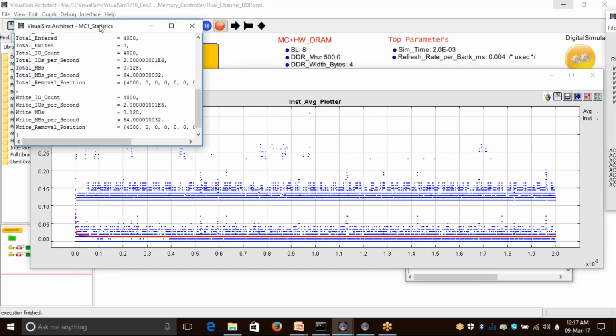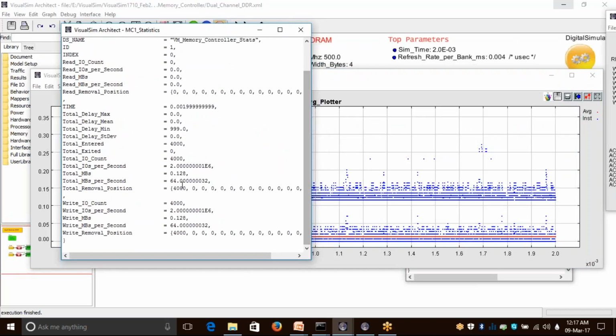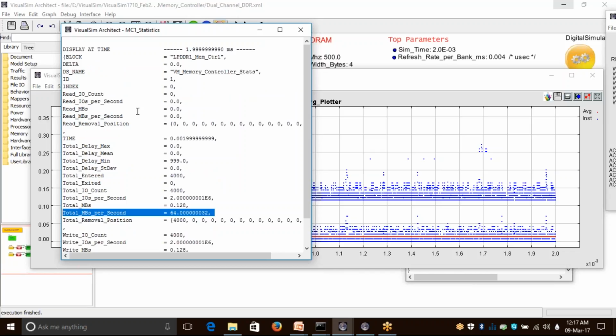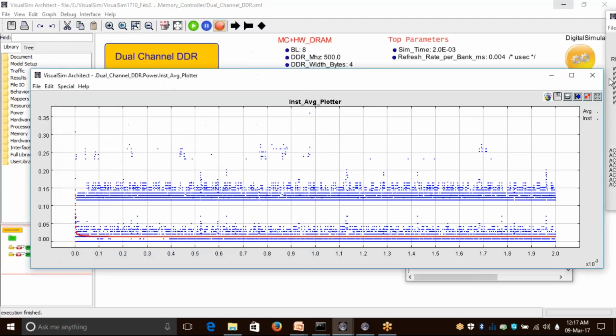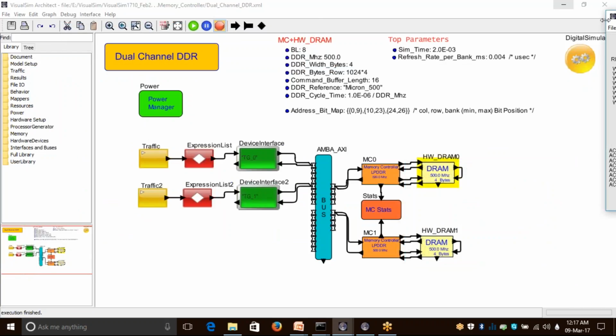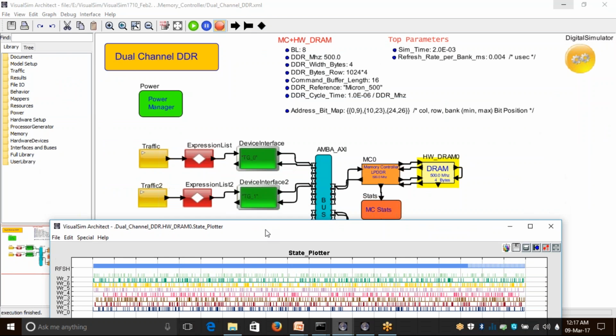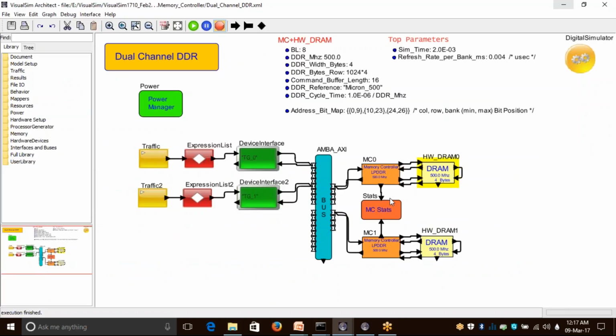And in addition to that, we're generating some additional statistics, looking at what is my throughput, or what is my number of IOPs, or the total delay across that particular memory technology. And these kinds of reports will help you to make decisions on whether you have selected the right memory, or you may have to consider changing the memory technology, or the way you are accessing the memory itself.